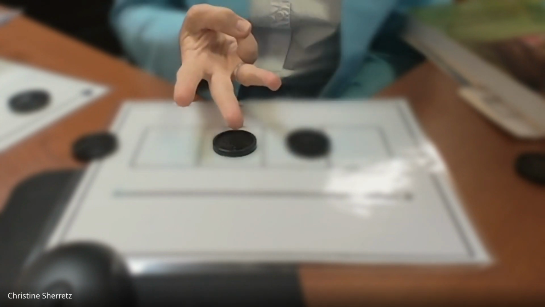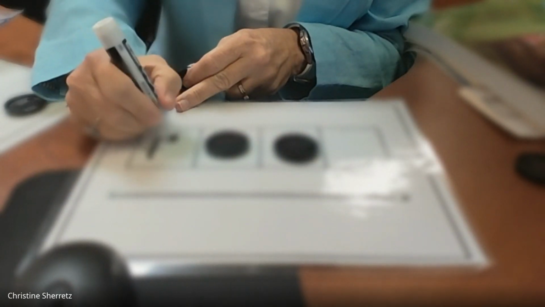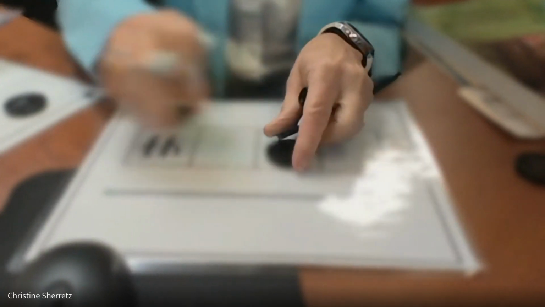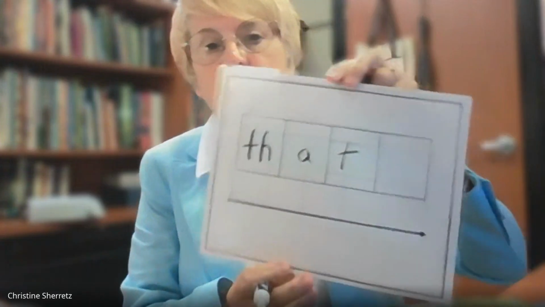There's actually only 3 sounds, because the TH is a consonant digraph, right? And so what you're teaching students is that sometimes you can have more than one grapheme in the box. So it can get a little bit more complicated.